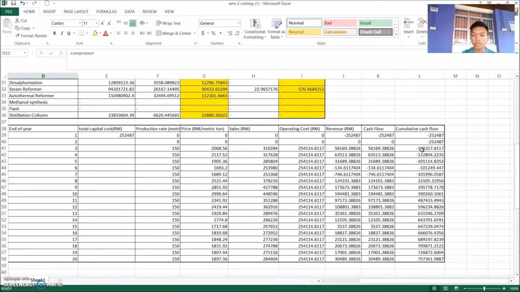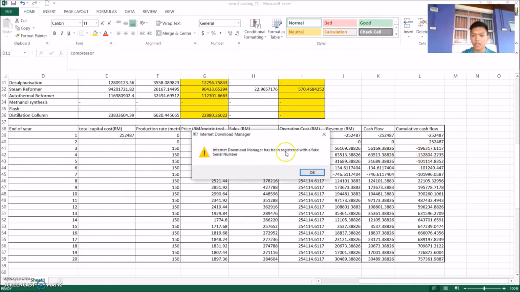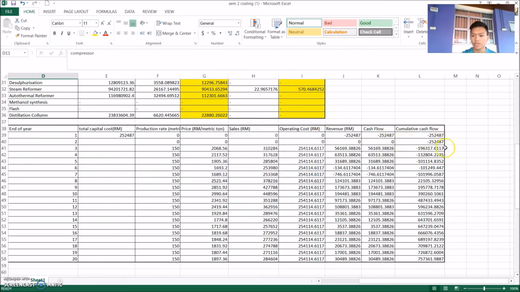From the 3rd year, we will start producing methanol, and a negative cumulative cash flow will occur for our first 6 or 7 years, while in our 8th year we will finally be able to obtain a positive cumulative cash flow, and thus we can say that we have achieved it.